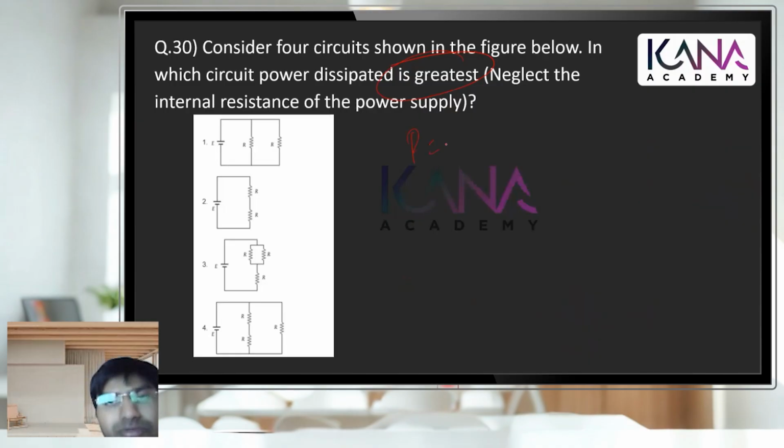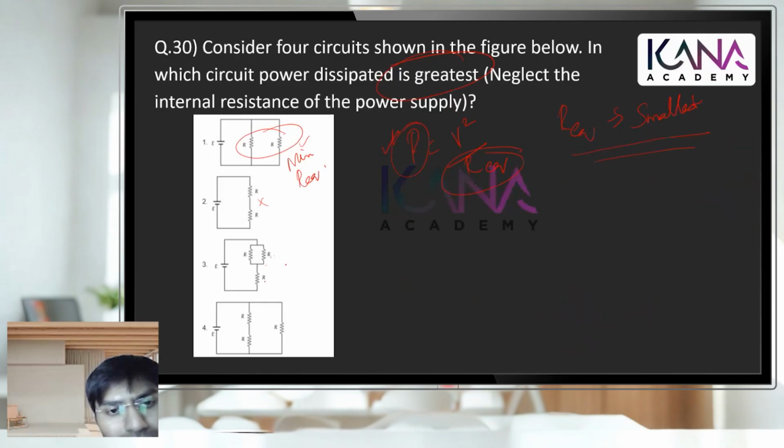Power is nothing but V square by R equivalent. So for this to have the greatest power, when will that happen? REQ has to be the smallest. Only then this will be maximum. So we need to see which of these has the smaller equivalent resistance. So looking at it, this first one has the minimum REQ because this is in parallel. This one is in series, so this cannot be minimum. Here the first two resistances are in parallel, but it is again connected in series.